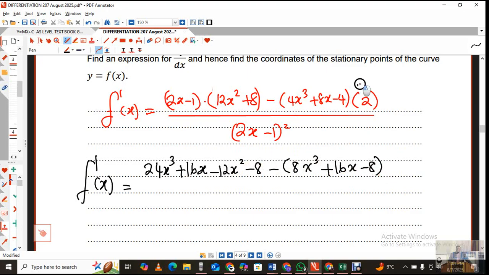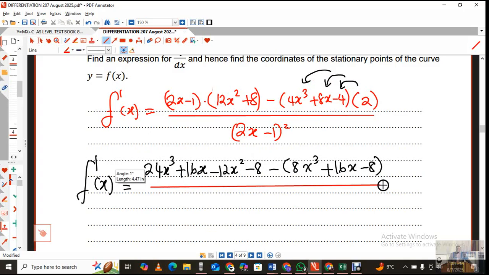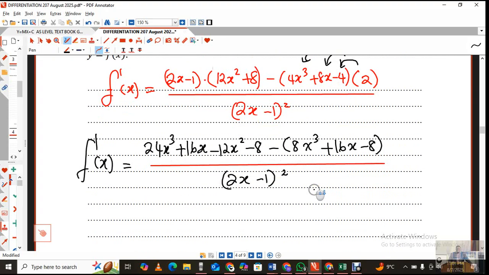That is all these multiplications that I'm doing. Again, all of this is over the denominator. Please do not expand that denominator. There's no need for that.